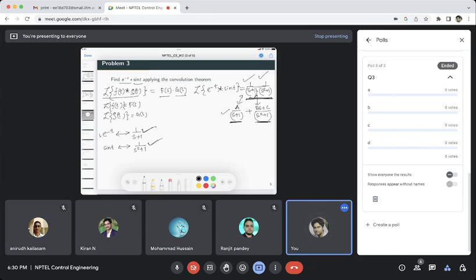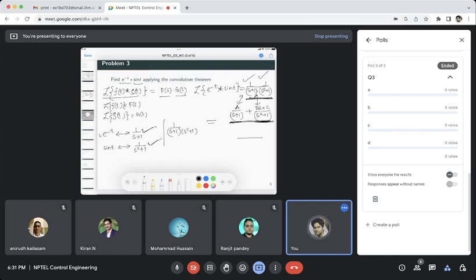So let's see how we can find this a, b and c. What we are claiming is that we can decompose 1/((s+1)(s²+1)) into a/(s+1) plus bs/(s²+1). That means the denominator should be equal and the numerator should be equal. So just write this in the multiplication form. We can add these two partial fractions, right?